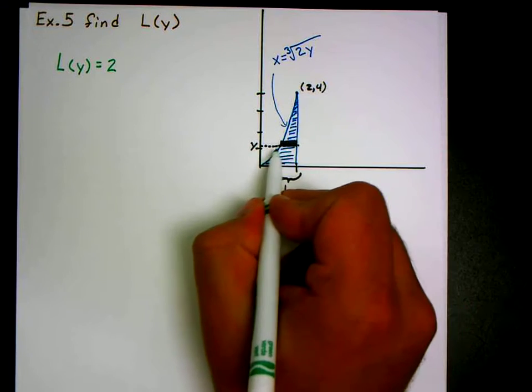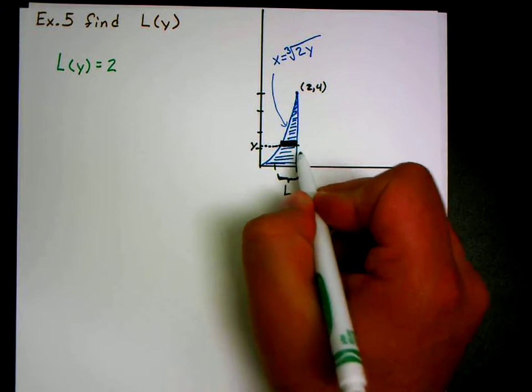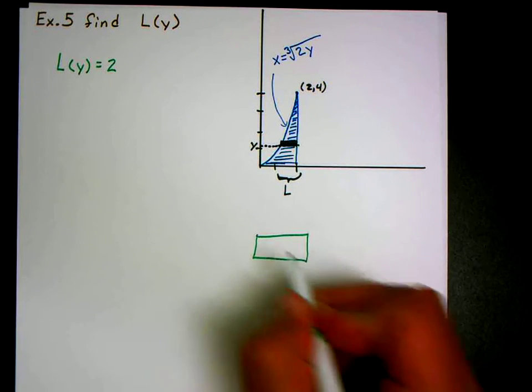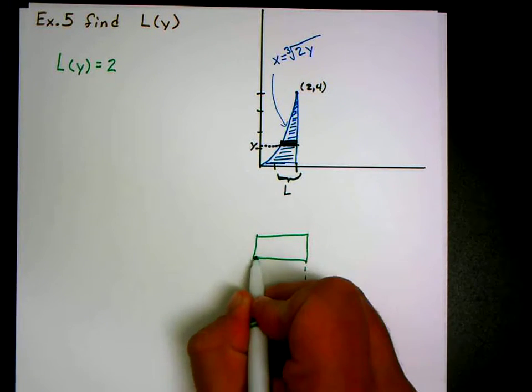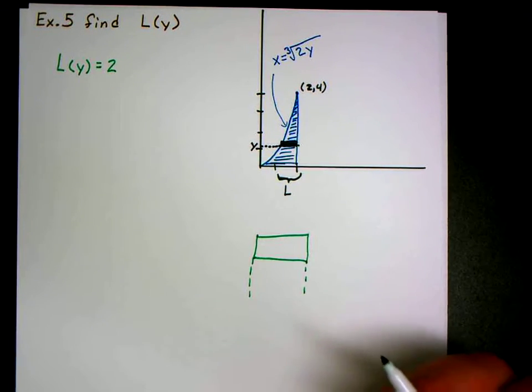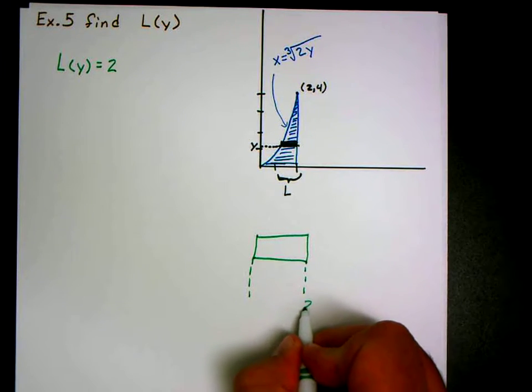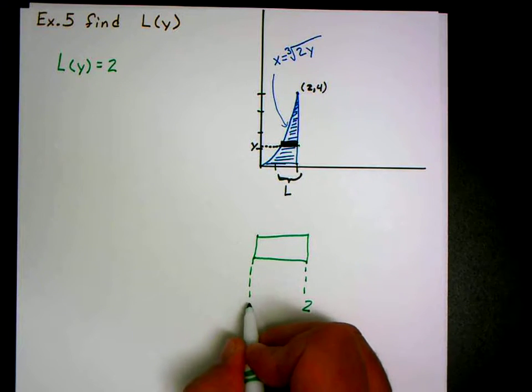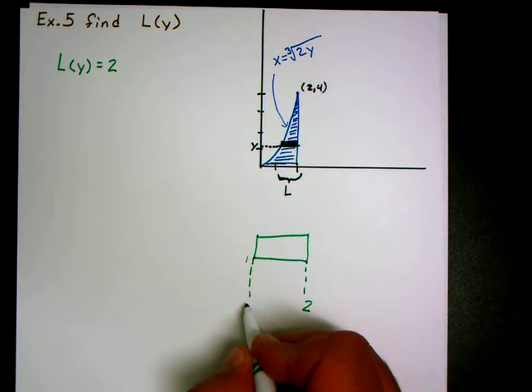Because if we're finding the length, what values are we subtracting? So I'm subtracting x values, right? This x value is sitting at 2. This x value here is changing all the time.